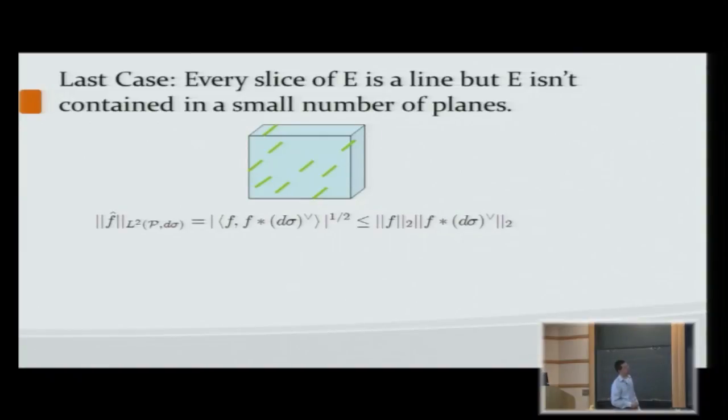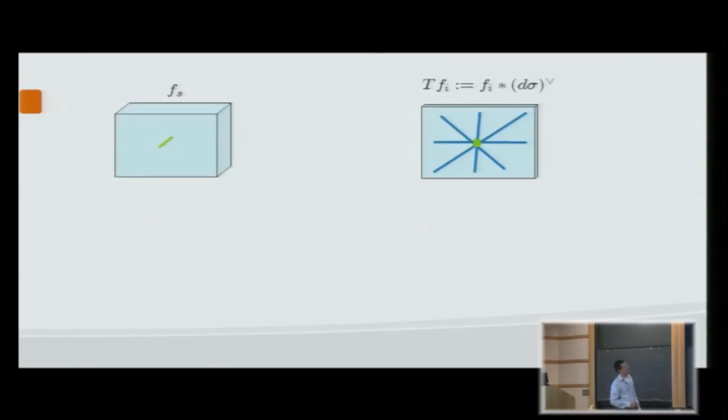So then what I want to do is understand this operator right here, which starts with a function and convolves it with the Fourier transform of the surface. And I can tell you what it does geometrically.